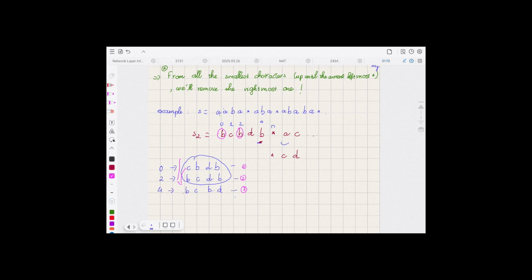They have the same two leading characters, and D is certainly bigger than B, right? So the third one is the smallest.